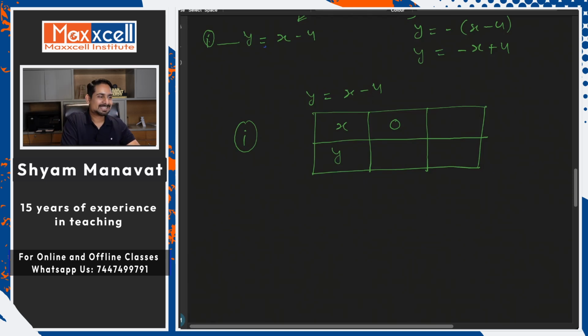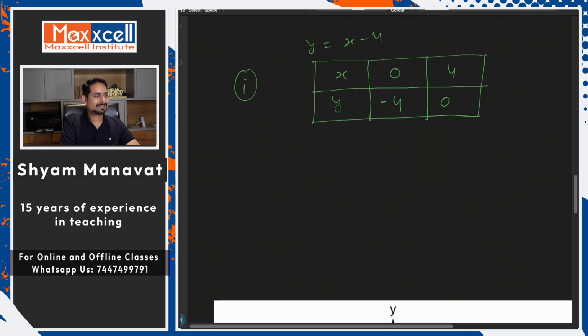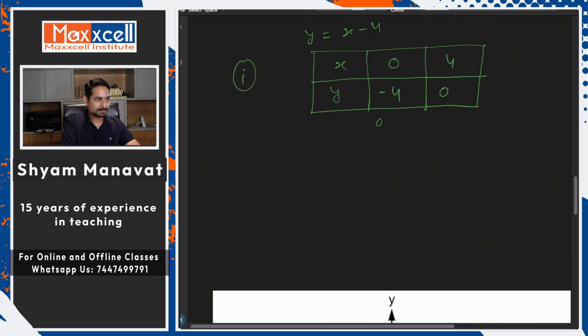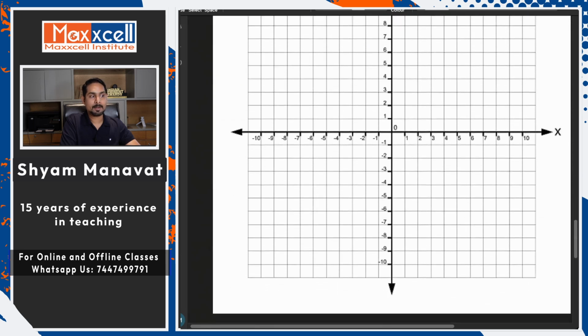Okay. So for the first equation, if I substitute x equal to 0 here, I get y equal to what? Minus 4. And if I substitute y equal to 0 here, I get x equal to 4, right? That's the first equation. So I got the coordinates 0 comma minus 4 and 4 comma 0. Let's plot this on the graph. So 0 comma minus 4, so 0 on x, minus 4 on y.